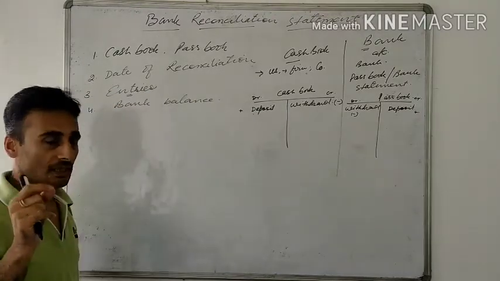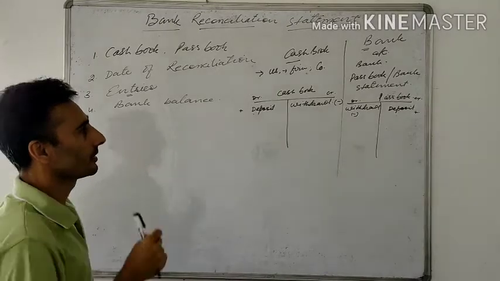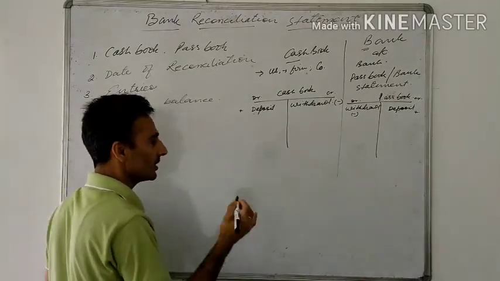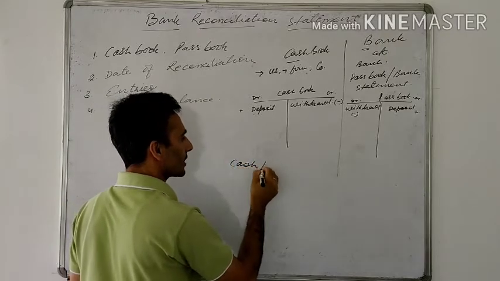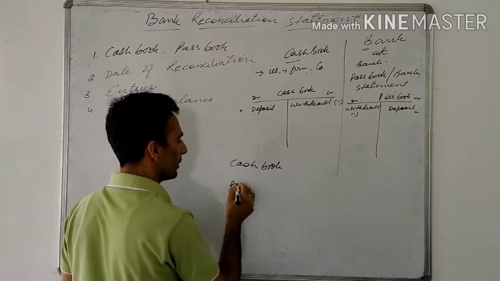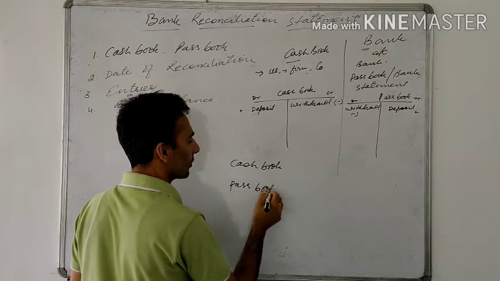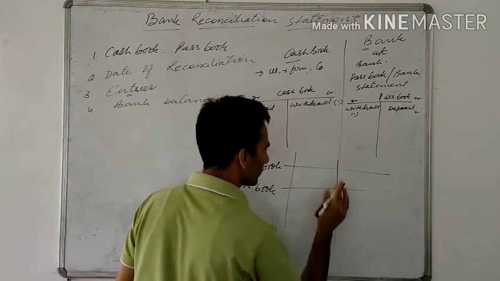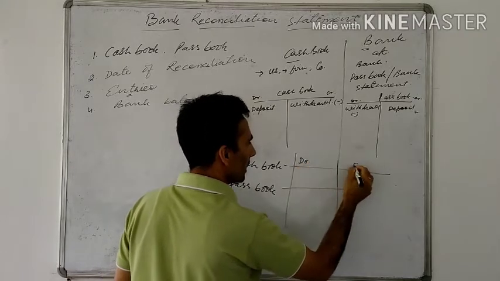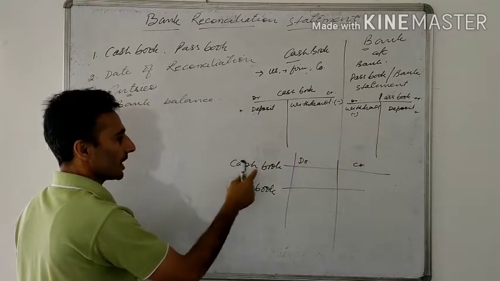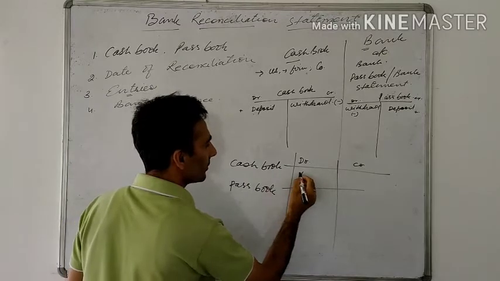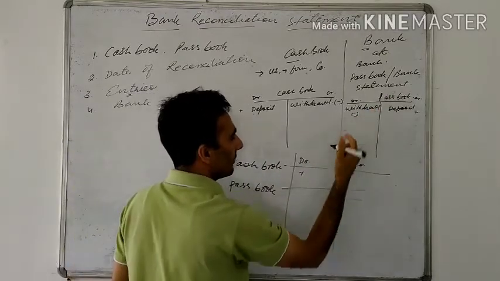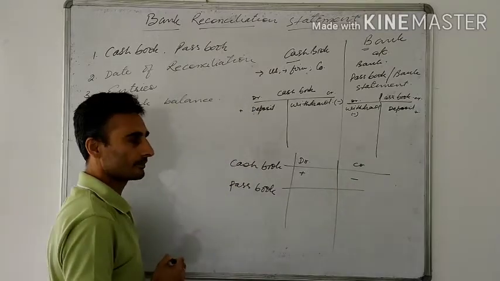So what we can conclude from this explanation is this: you have a cash book and you have a passbook. Debit and credit. Cash book debit means plus, passbook debit means minus.